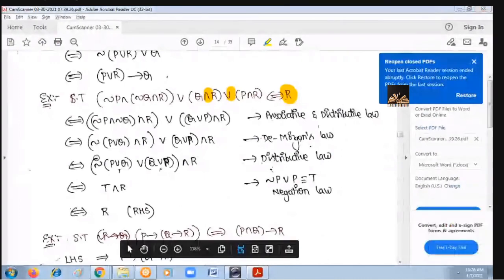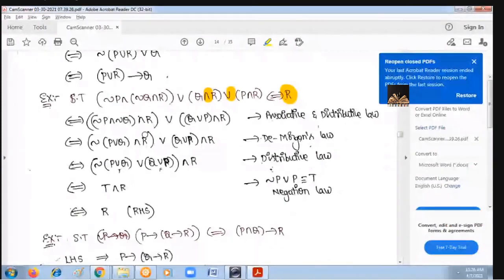Now when you observe these, take this R as common. Then using the distributive law, it becomes negation of P or Q, or P or Q, and R. So this is something like a variable and its negation. A variable union its negation is always equal to true, using the negation law.